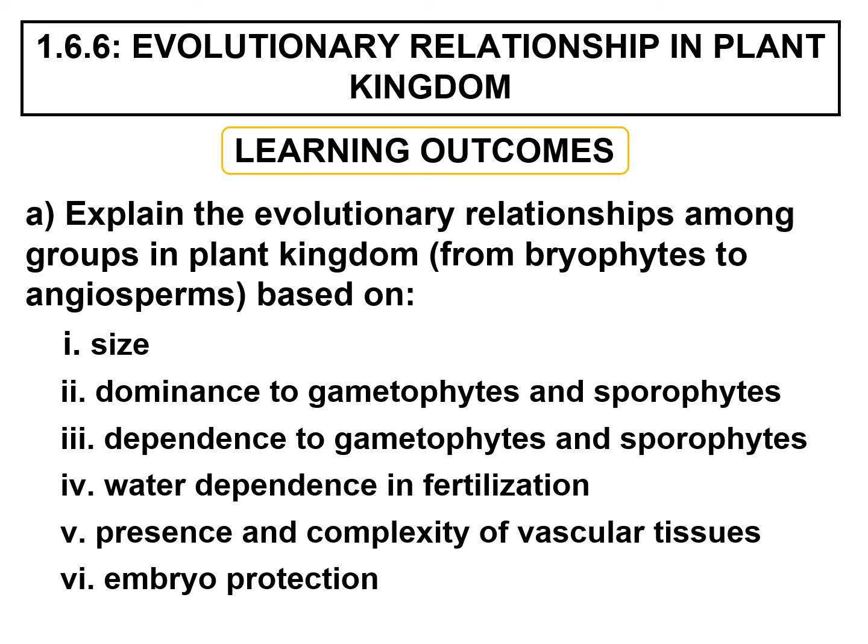Dia dah ada kaedah lain, dia dah lebih advance, dia dah tak perlu air ni, duduk jauh daripada air pun tak apa, sebab tu dia dah consider sebagai lebih maju. The presence and complexity of vascular tissues, dah lebih advance sebab dia dah lebih kompleks dan menyebabkan pokok tu menjadi lebih tinggi, lebih besar. And embryo protection.